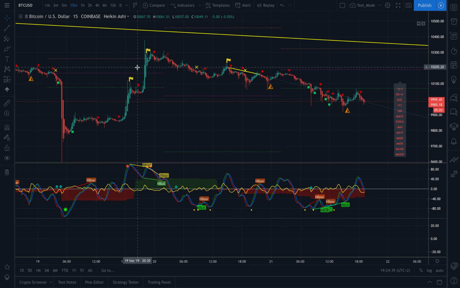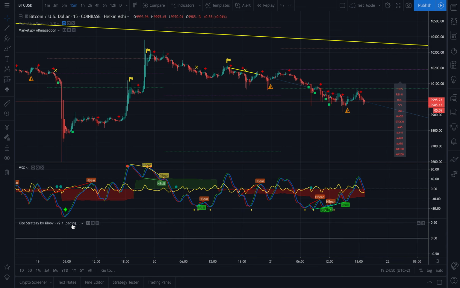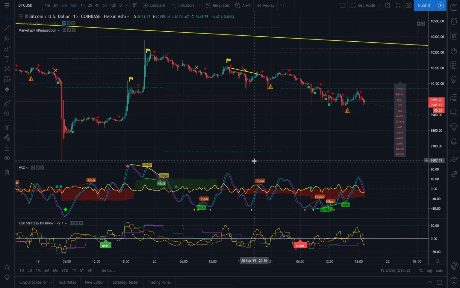of the market. But there is one tool that is special, and now I will show it. It is called the Kite Strategy by Clove. I don't know how to spell it, how to say it.